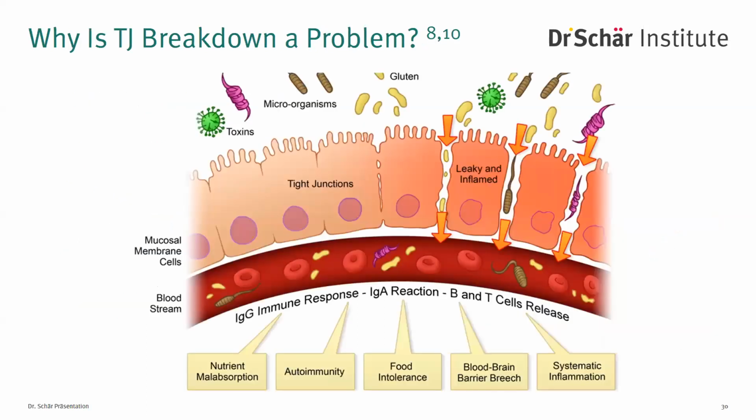But why is this even a problem? Why is it a problem when the tight junctions break down? Tight junctions impede the entry of pathogens and toxins from crossing the small intestinal barrier. So sustained inflammation and infection can cause deregulation in the expression of the tight junction molecules, which allows toxic and immunogenic substances into the lamina propria.